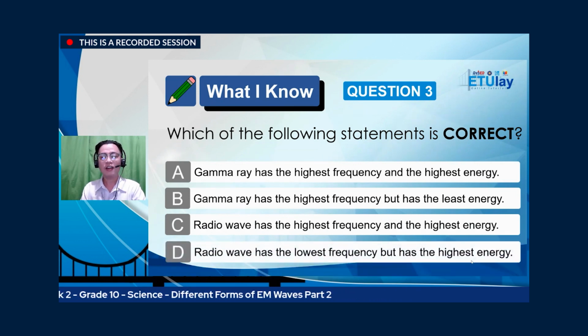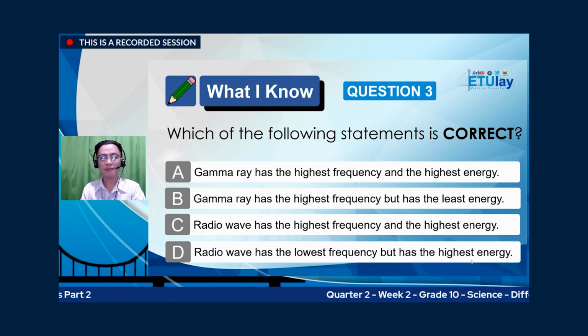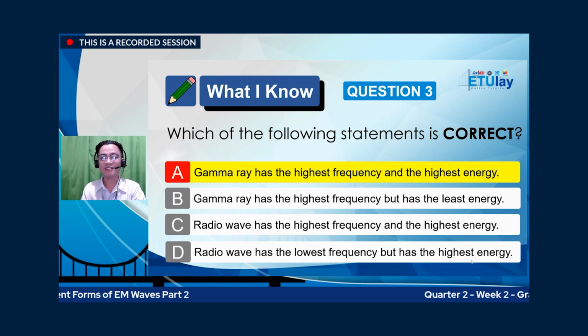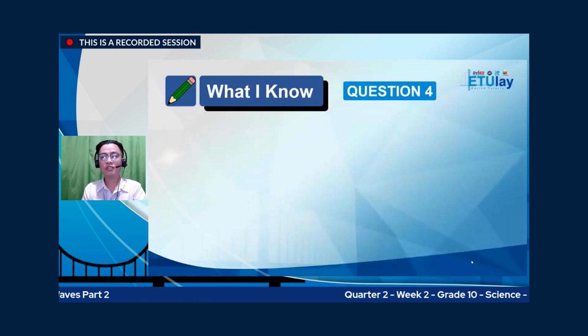Or D, radio wave has the lowest frequency but has the highest energy. Let me count again. 5, 4, 3, 2, and 1. Kung ang sagot mo ay letter A, gamma ray has the highest frequency and the highest energy, ikaw naman ay fantastic. Let's proceed to question number 4.